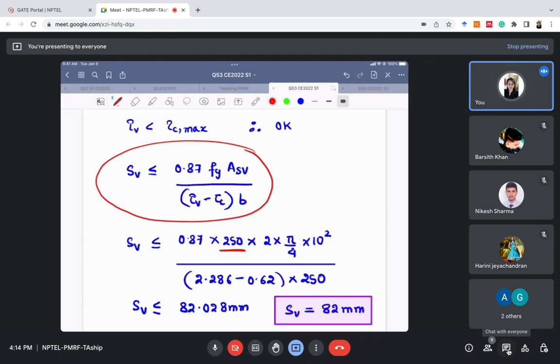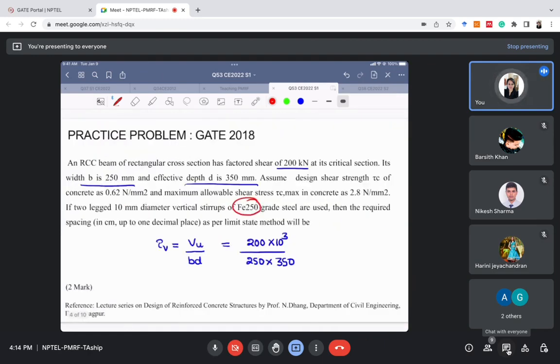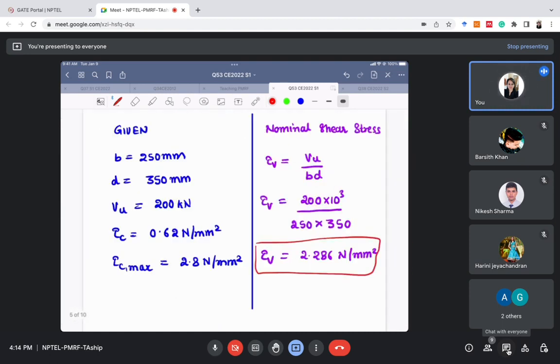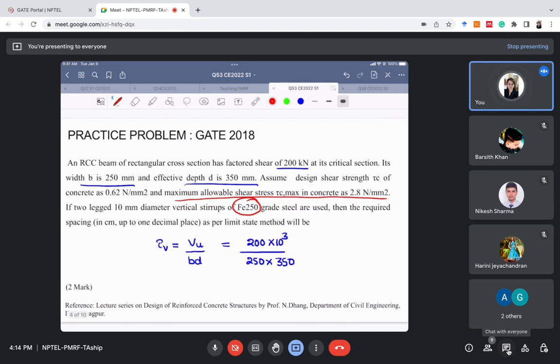One important thing to keep in mind: in this case, the maximum allowable shear stress is given to you, that is 2.8 Newton per mm square. When you are calculating your value of tau v, it should be less than the value of tau c max.